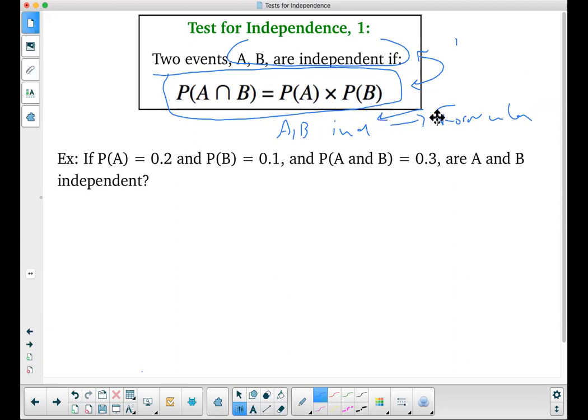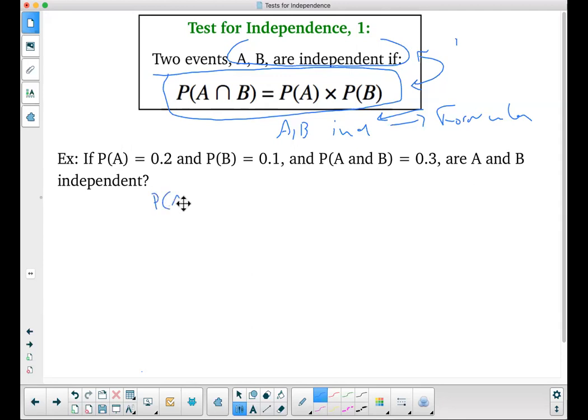So this is a really strong test, I guess. So we've got here P of A equals 0.2, P of B equals 0.1, P of A and B equals 0.3. Are A and B independent? We don't know what A is, but that doesn't matter.